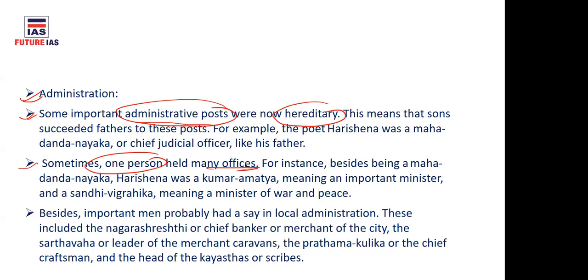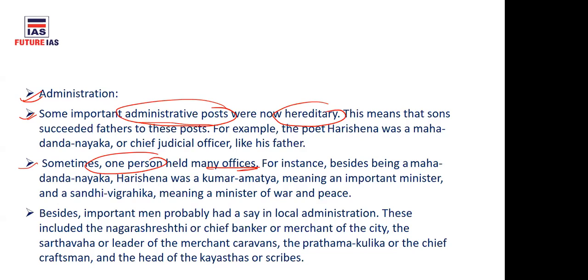It depends on the person's popularity, economic might and strength. If the person commands a very high position in terms of prestige, economic strength and military strength, the person can hold many offices.